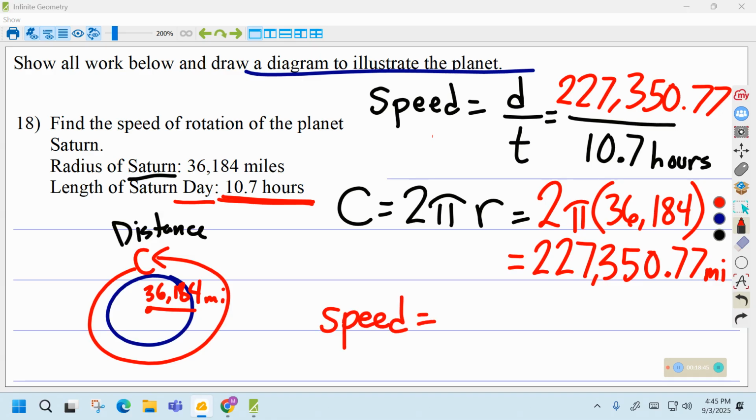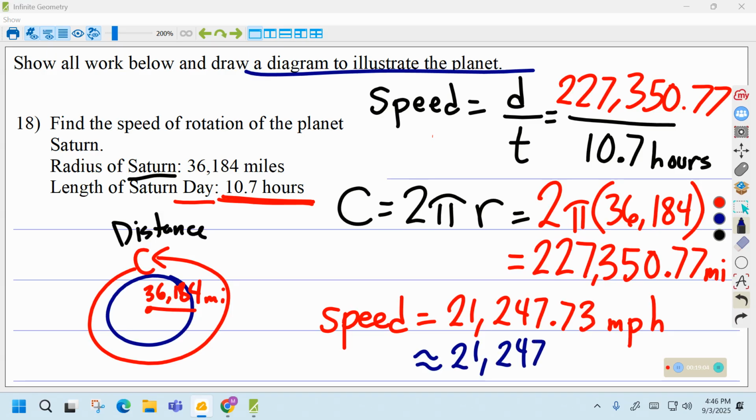Okay, and the speed is going to be 21,247.73, and this is miles per hour. All right, I can't help but make sure that we round correctly. So the very last thing we're going to do is write 21,247.7 mph, right? That's a 3, so the 7 doesn't have to round up. Okay, there you go. We have done an example of how to get the speed of a planet.